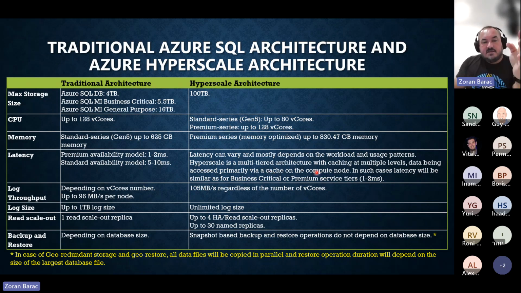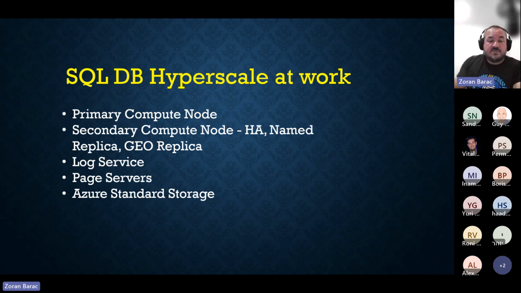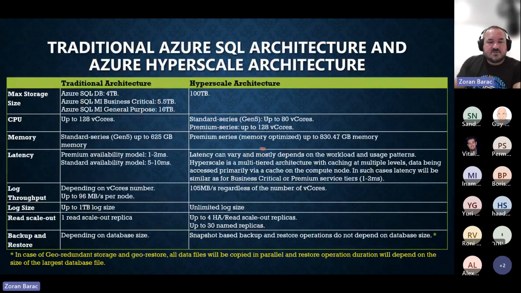Then the second layer, the page server tier. So you want to read from a cache. If you recognize your workload and say, yes, that's for me, you're basically getting what you get from a premium availability model such as business critical or the premium service tier from DTU, 1 to 2 milliseconds latency. And I'm going to show an example and test.